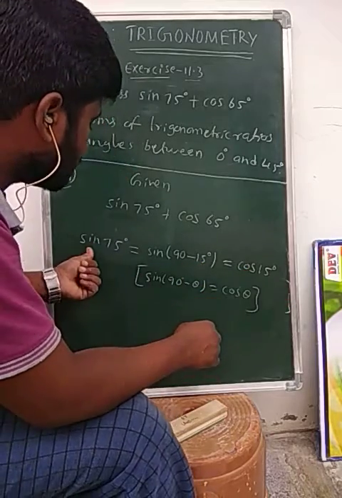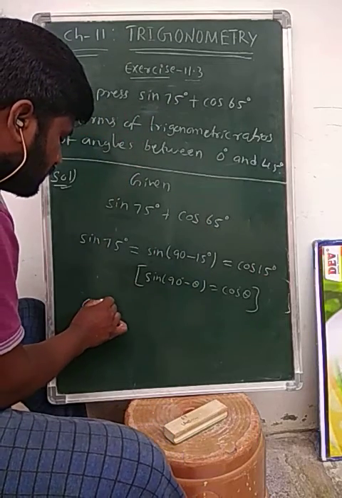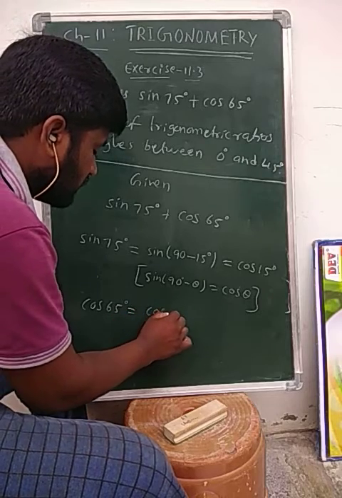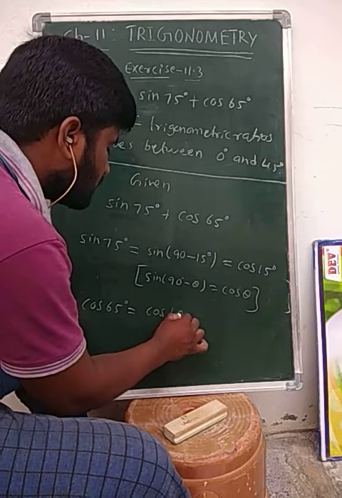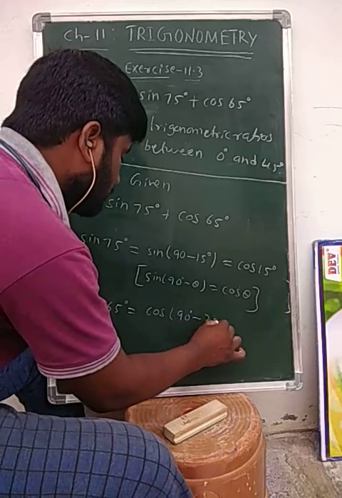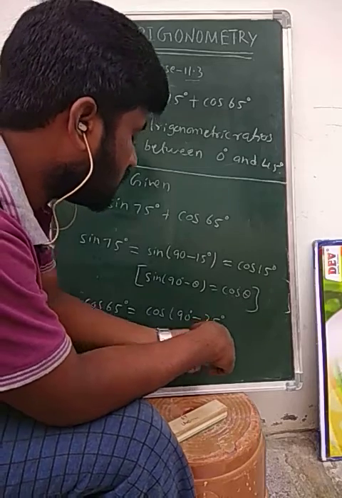So sin 75 we can express as cos 15, and as well as we take cos 65 degrees, that is equal to 90 degrees minus 25 degrees.